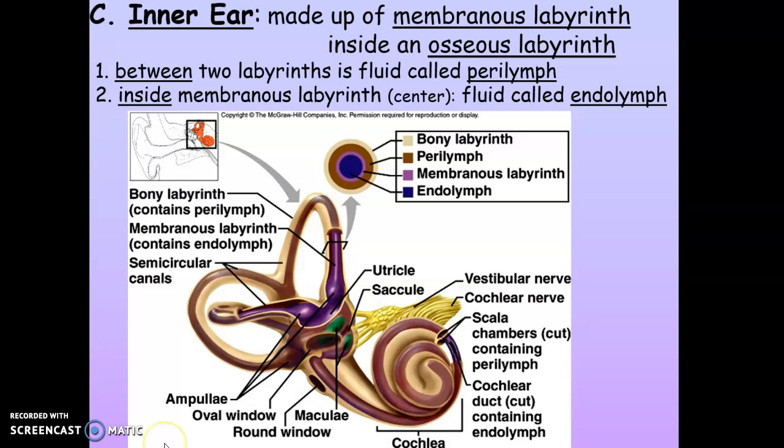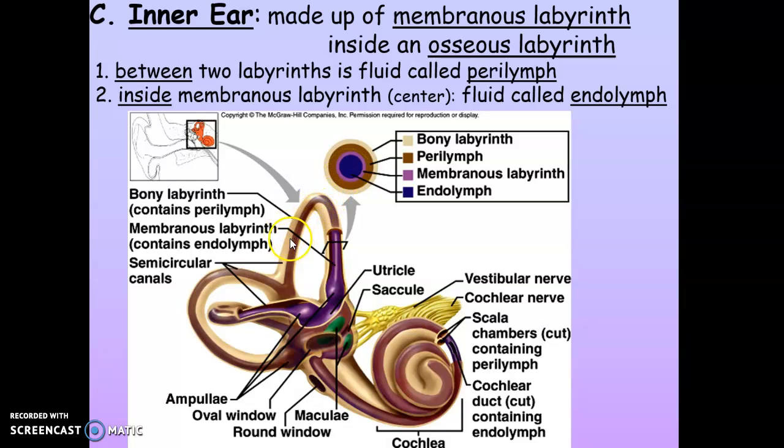Now, one reason that students sometimes get confused about the inner ear is all these layers. Let's take a look at that. The three sections of the inner ear, the cochlea, the vestibule, and the semicircular canals, all have a bony outside, then a layer of fluid called the perilymph, then a membranous layer, and then endolymph in the middle.